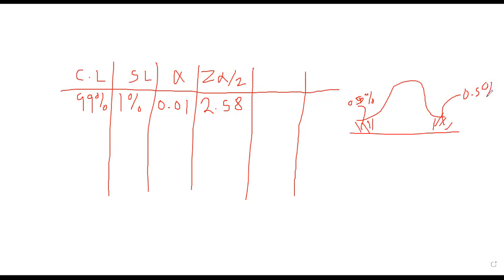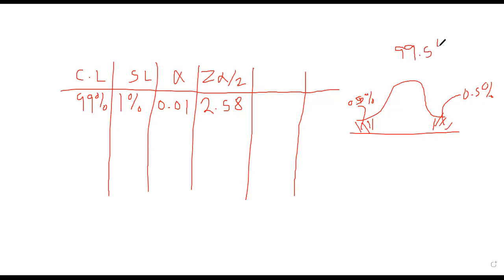Then what remains inside here is 99%, the confidence level. So when this 0.5 here is subtracted from 100, we get 99.5%.